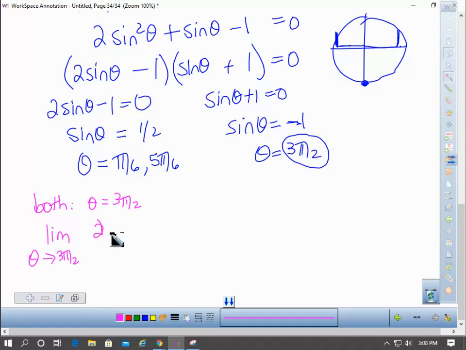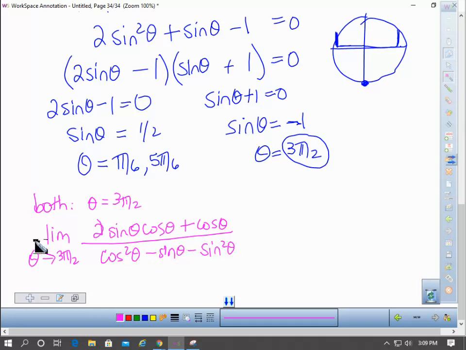So our derivative was 2 sine cosine plus cosine divided by cosine squared minus sine squared.